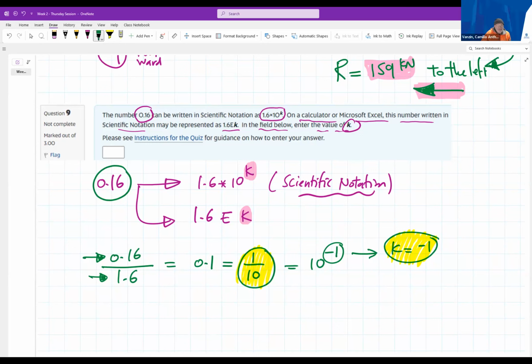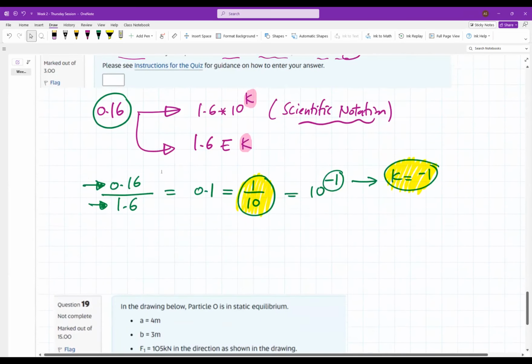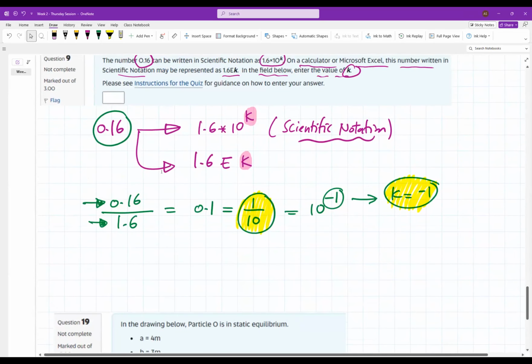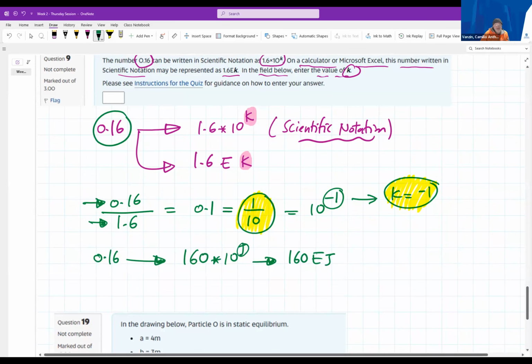Another example, another form of it: if I want to write 0.16 in the form 160 times 10 to the power k, or 160 E k, or just change the symbol to make it, for example, J. So how much is J? -3.